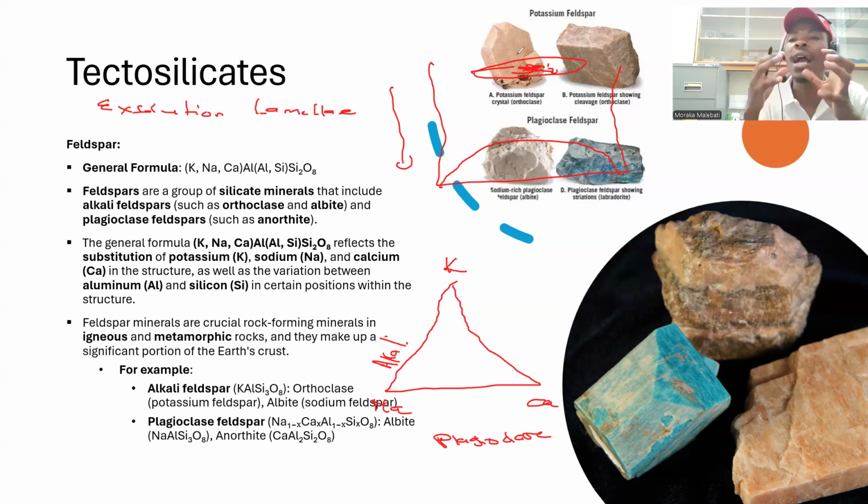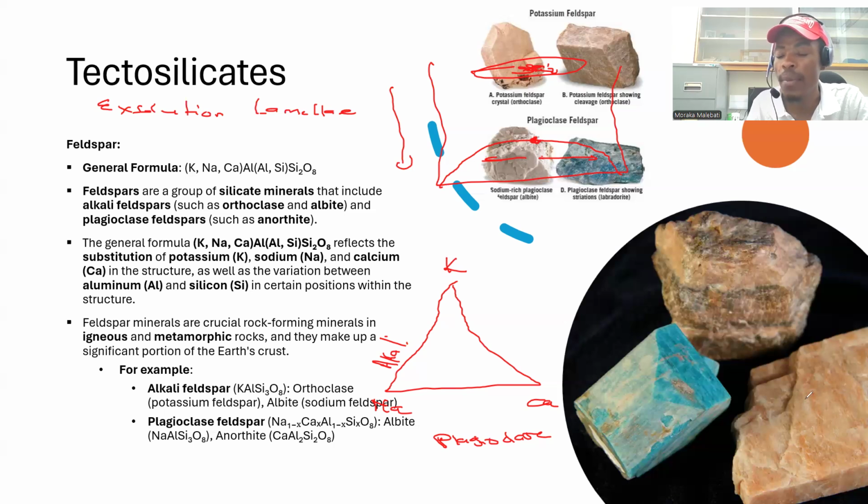Because they are comfortable, they are stable in those conditions. But when you lower the temperature and hit this liquid immiscibility point, you're going to have the separation of these compositions, which is why you now have these exsolution lamellae that you see here.